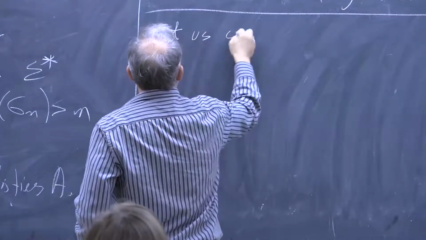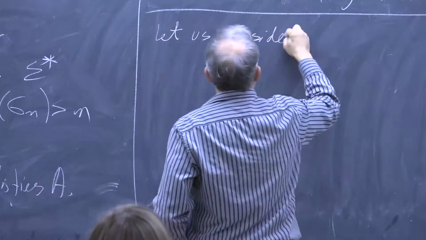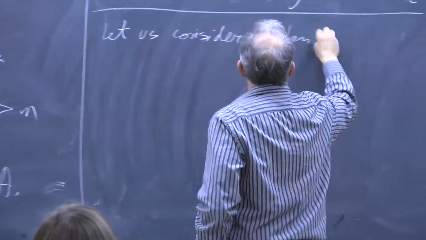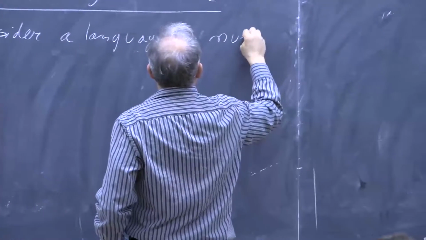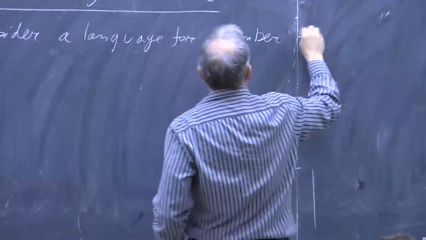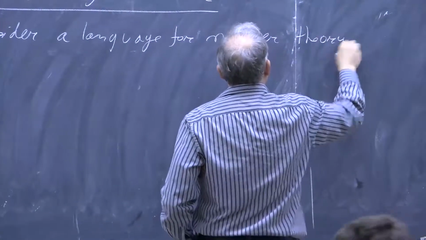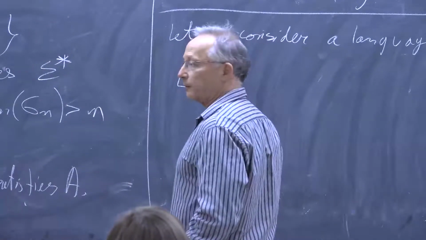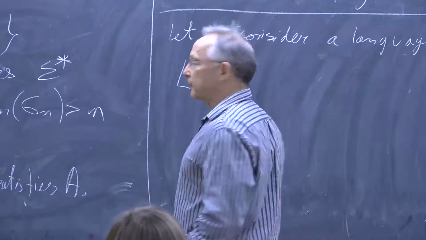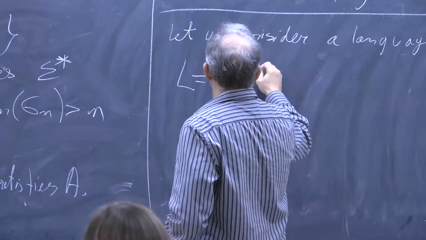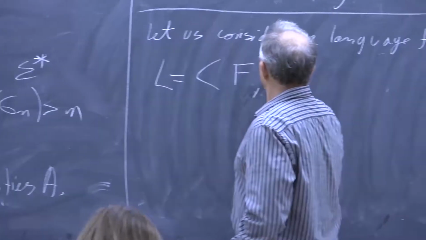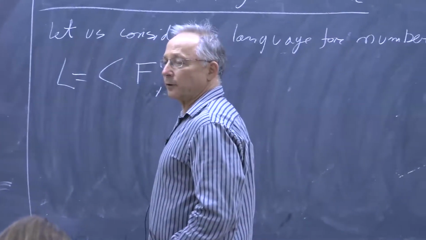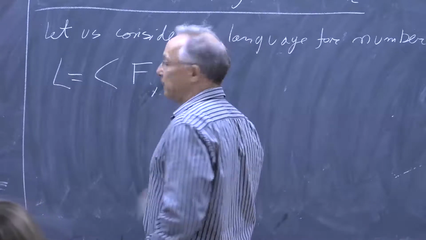Let us consider a particular logic, a language for number theory. Okay, so what is my language? We can be generous, put there whatever you want. I want to have there, say, some function f that will stand for addition, and some function g that will stand for multiplication.